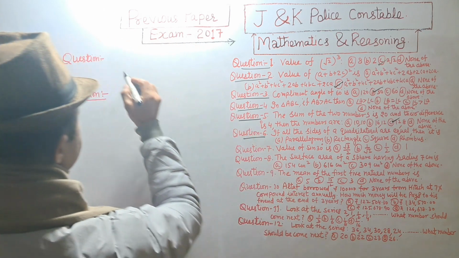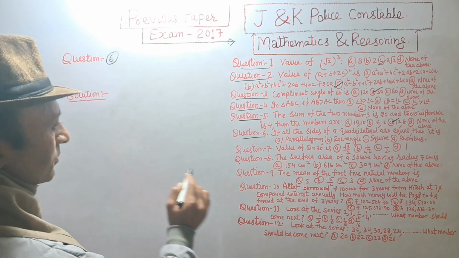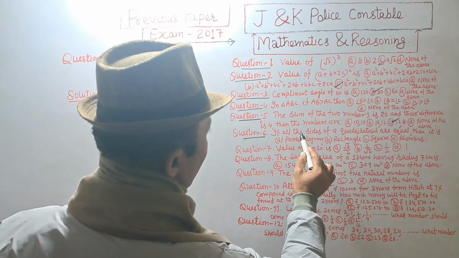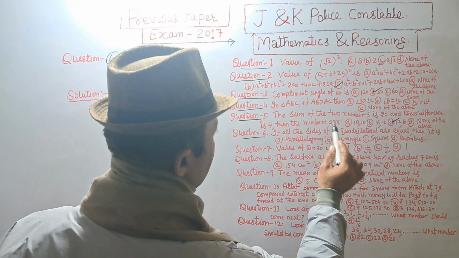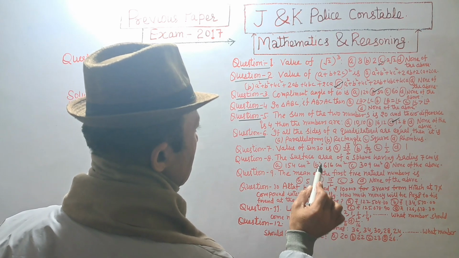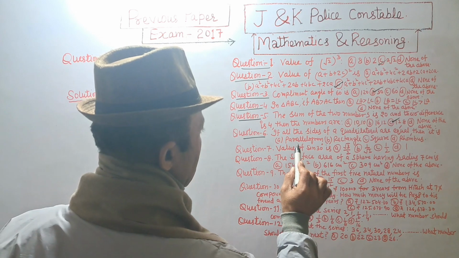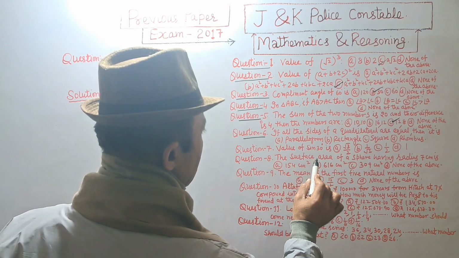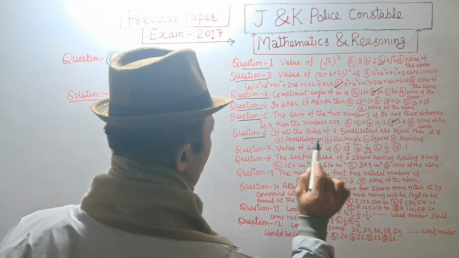Question number 6. If all sides of a quadrilateral are equal, then it is a parallelogram, rectangle, square or rhombus.